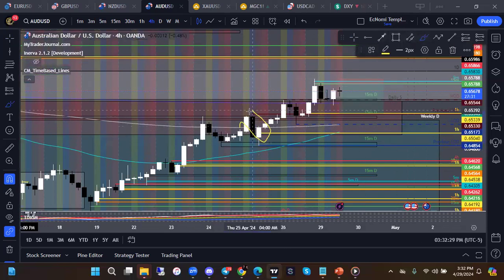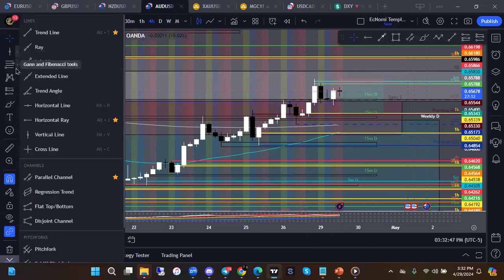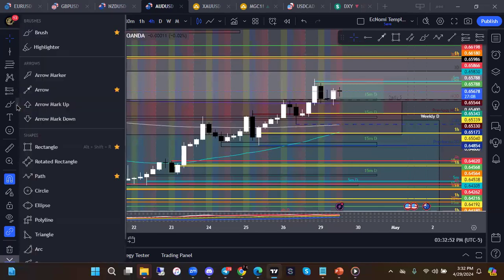Look at this. I think I'm going to use the triangle or the rectangle just so I can form the right thing here. So give me one second.